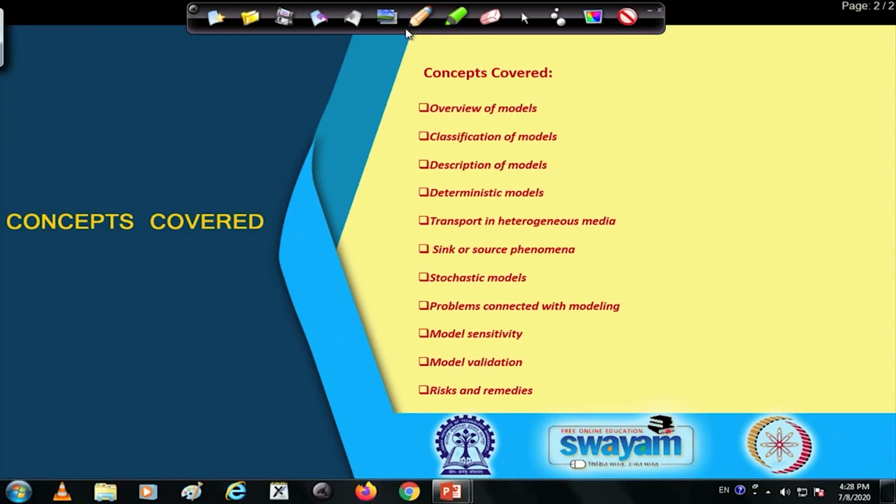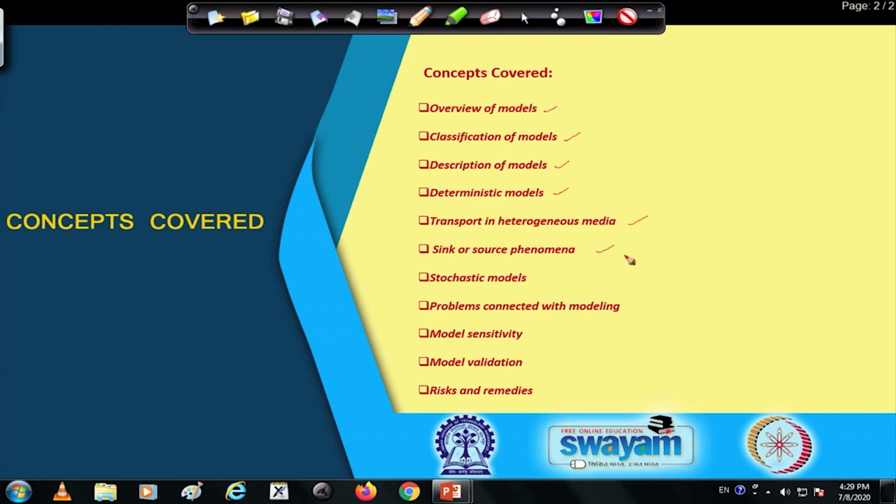First of all, we are going to talk today about the overview of the models. Then we will discuss the classification of the models. Once we complete the classification, we will be talking about the description of some of the models, some differentiation between different types of models, and then we will be talking about deterministic models. Once we complete the deterministic model, we will be talking about transport in heterogeneous media, and then sink or source phenomena.